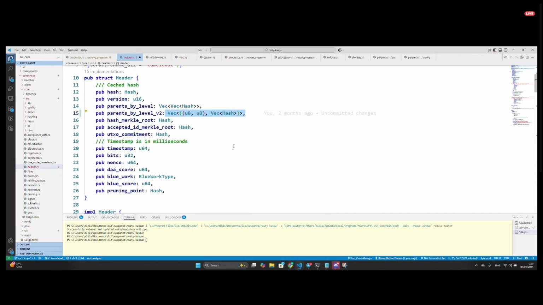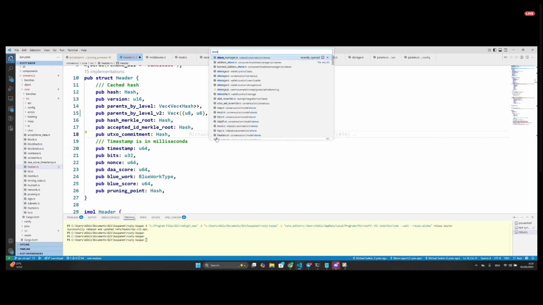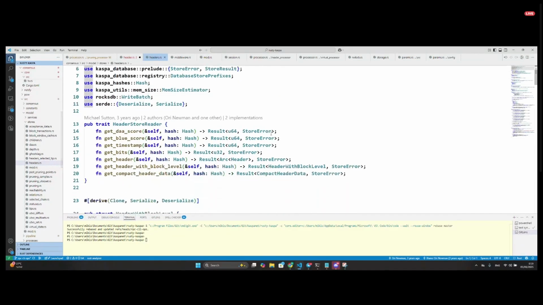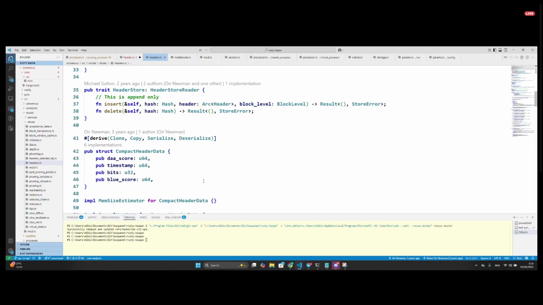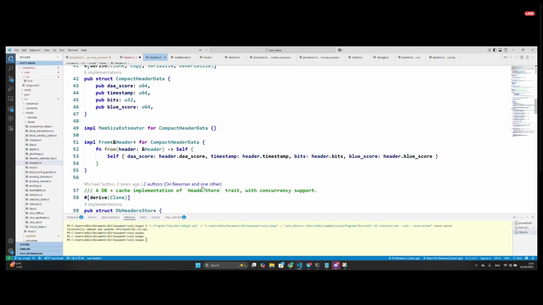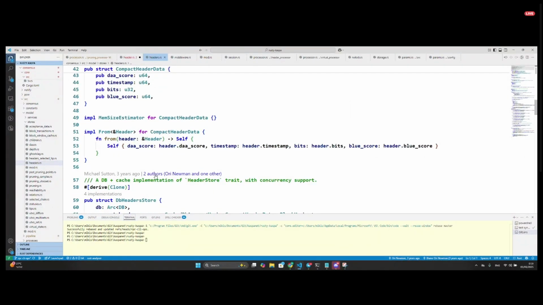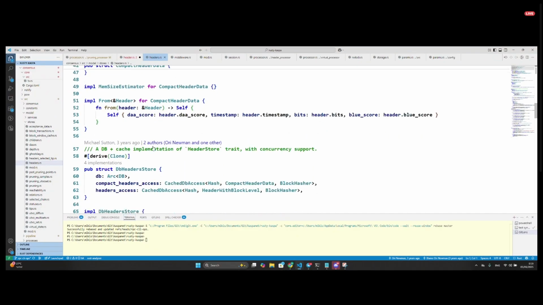Yeah. Now, there's a few points. If you look at the headers store, if you don't want to break the DB, you don't want to do an upgrade, you need to support somehow.